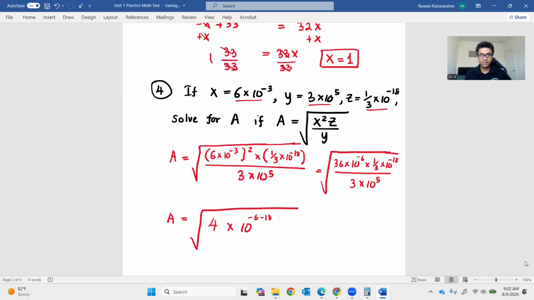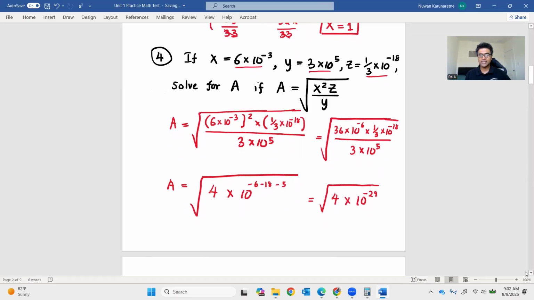So I'll have a minus 5. Okay, so then I'll have square root 4 times, look, that's 24, and 5, 29, 10 to the power minus 29. So we are almost there with the answer.